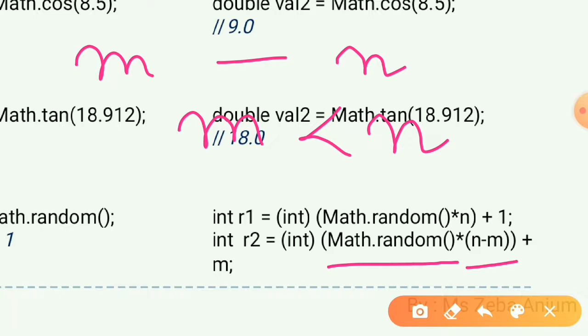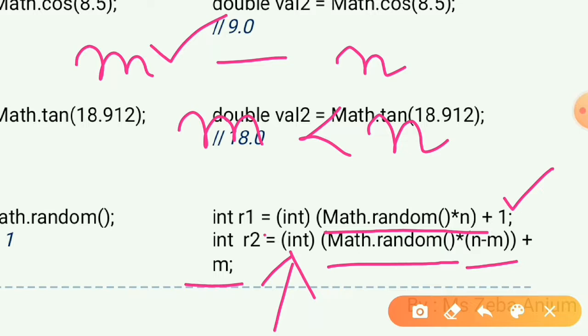Over here in the first one we are not finding out the difference because your starting point was 1, but over here your starting point is m. That is why we calculate the difference between your n and m, and at the last you add this m. Okay, now you are going to get the double random number between m and n, and if in case you want an integer random number, then you have to explicitly typecast it.